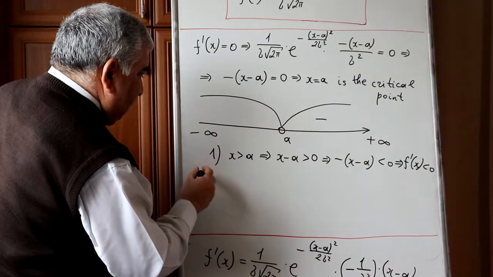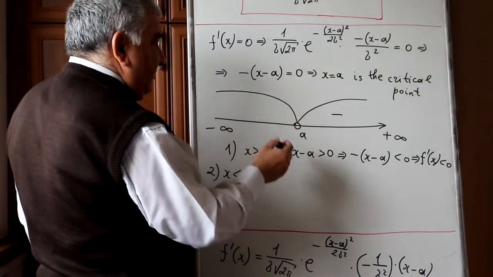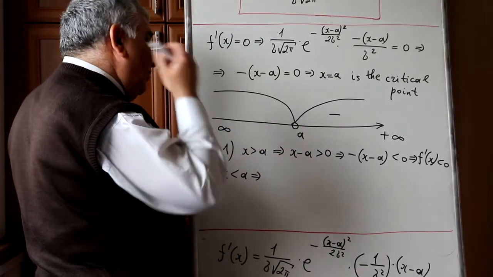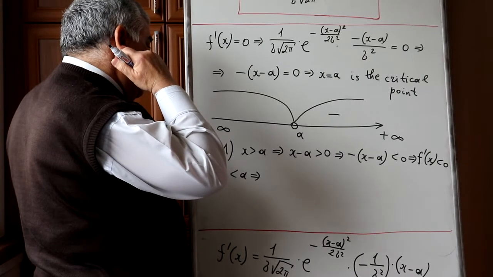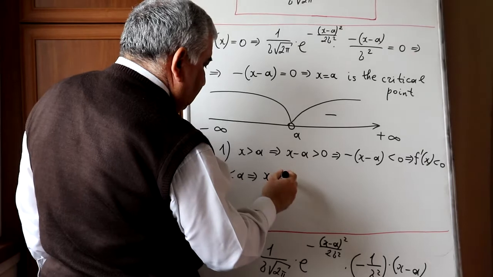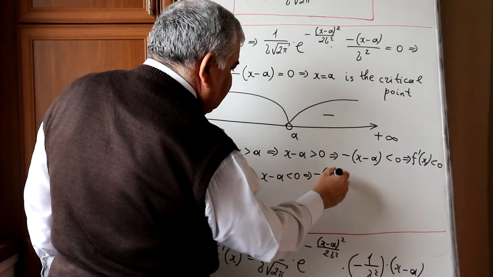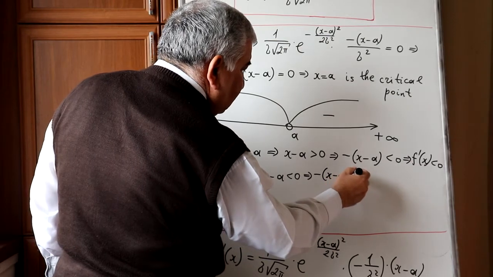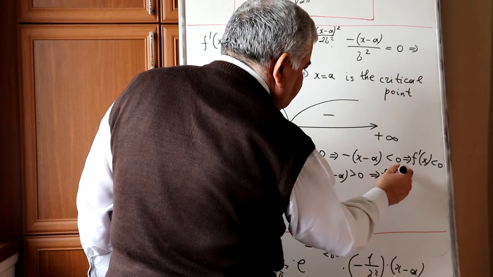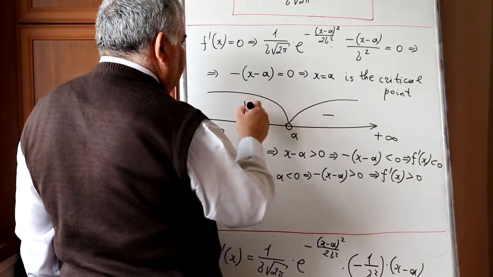But if x is less than a, it means the variable point x is situated on the left of the point A, then x minus a is less than 0, and minus x minus a is positive, and it means the derivative itself is positive. In the first interval, our derivative is positive.